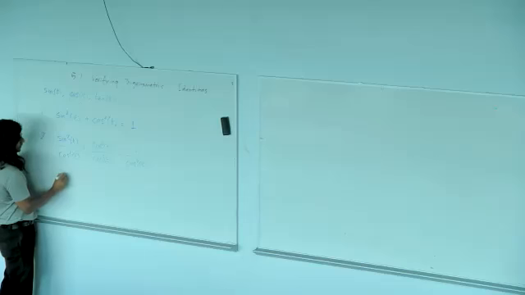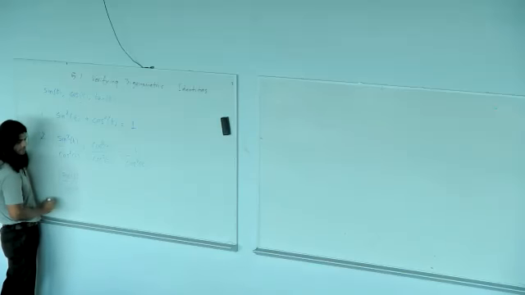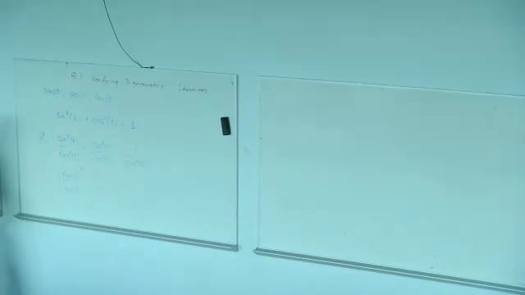This is simply equal to sine t divided by cosine t, and you square the entire expression.